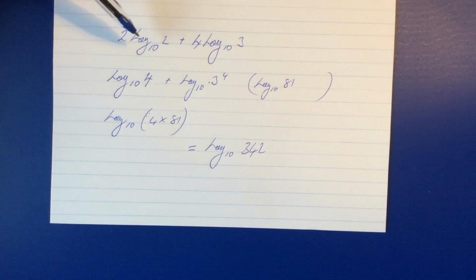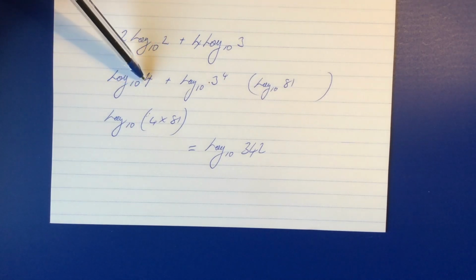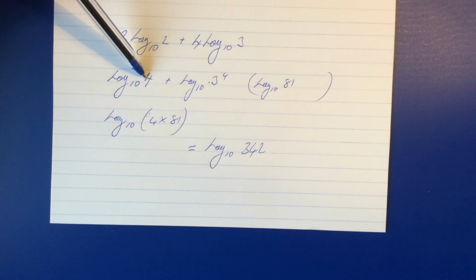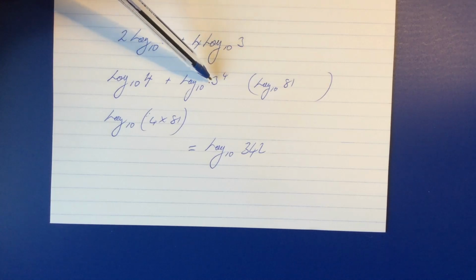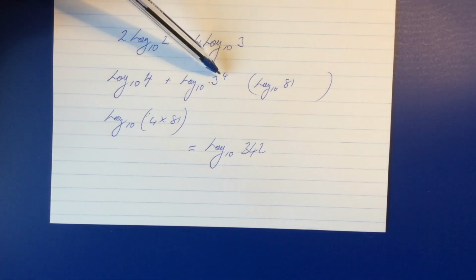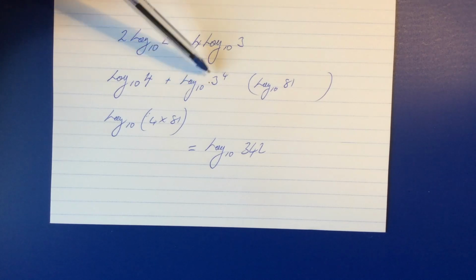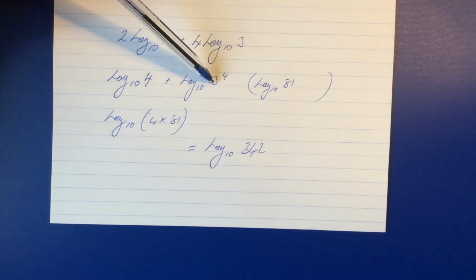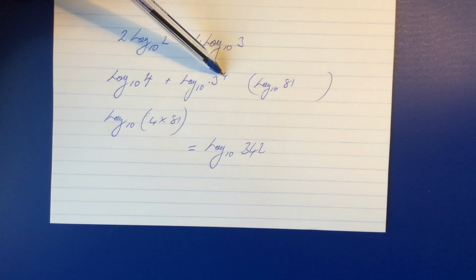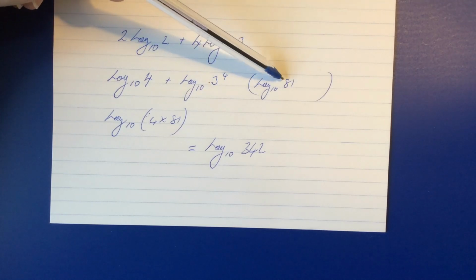Okay, now we can rewrite this pretty easily as log 10 of 2 to the power of 2. I've taken the extra step and made this 4, so 2 to the power of 2, 4. This one, because of the size of the power, I've done an extra step. So I've rewritten this as a power of 4 up here. 3 to the power of 4 is 81.